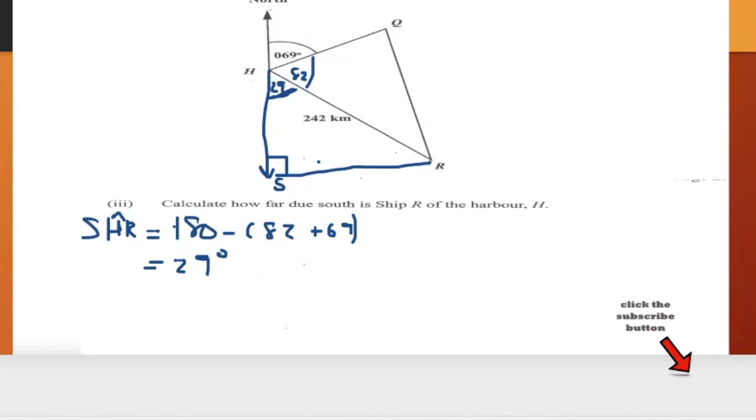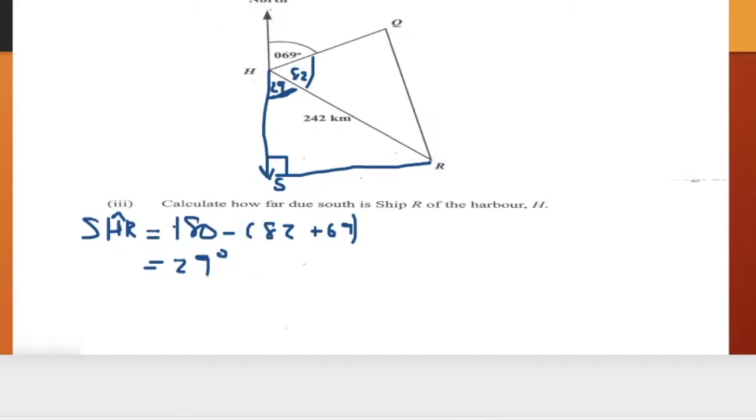I know the hypotenuse. HR is the hypotenuse for this right angle triangle, and that's 242 kilometers. I have an angle and I have the hypotenuse, and it's a right angle, so I know I need to use SOHCAHTOA. What is that? It's a trig ratio that we use to find a missing side or a missing angle since it's a right angle triangle.